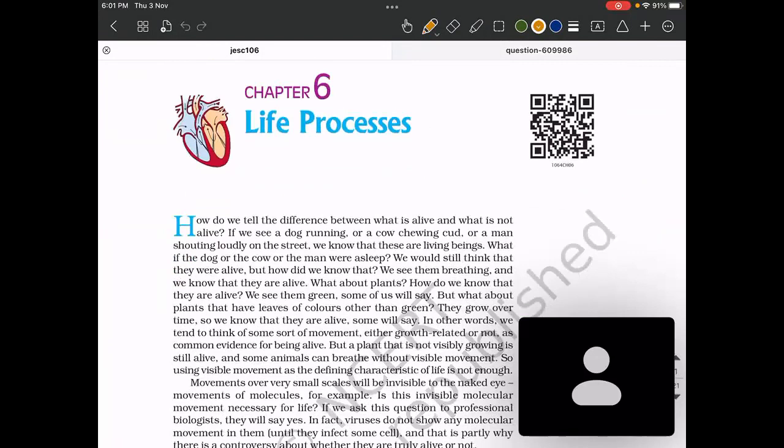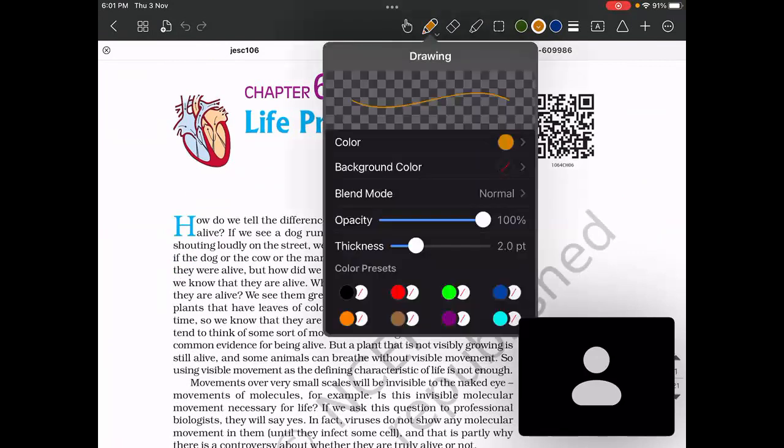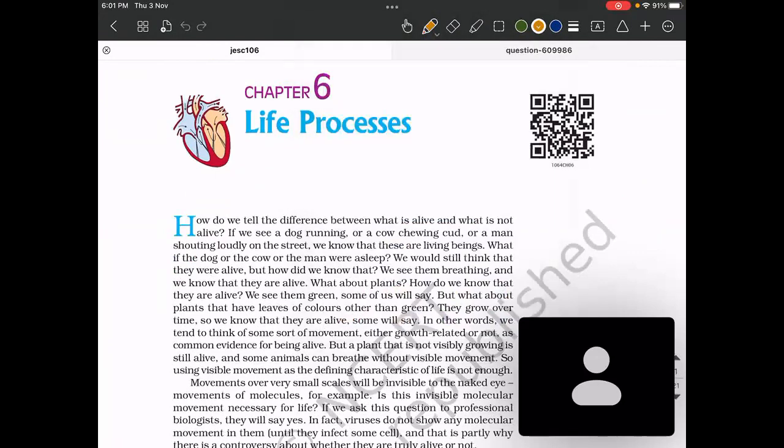The first question is very interesting. You can see here: how do we tell the difference between what is alive and what is not alive?